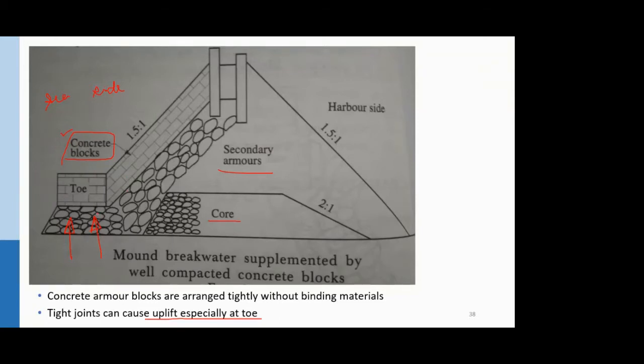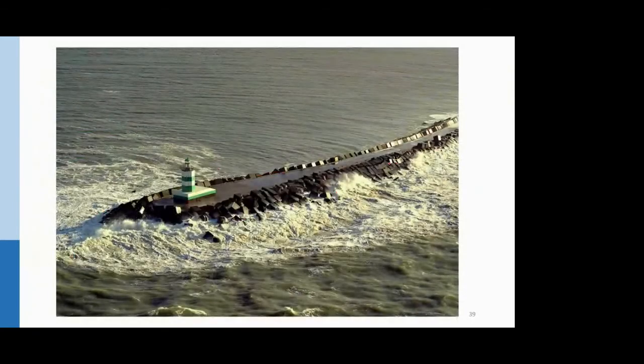This is a typical view you can see on the top. Obviously the inner photographs we will not get to see, you'll get to see only what is on the top, but this is what a rubble mound breakwater supplemented by concrete blocks looks like.